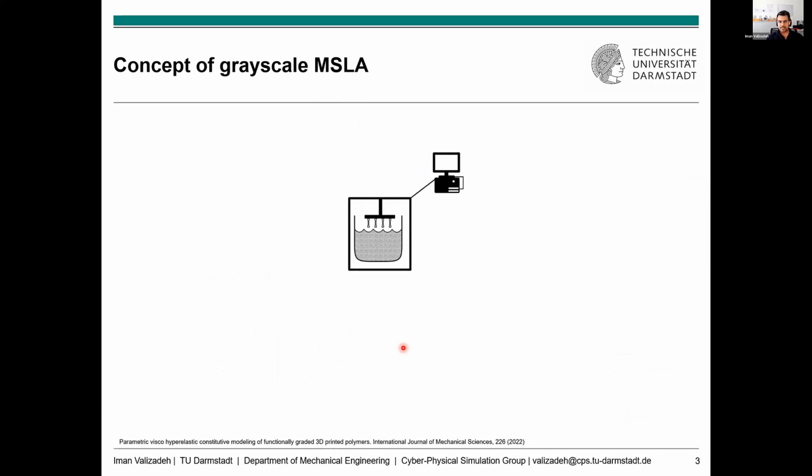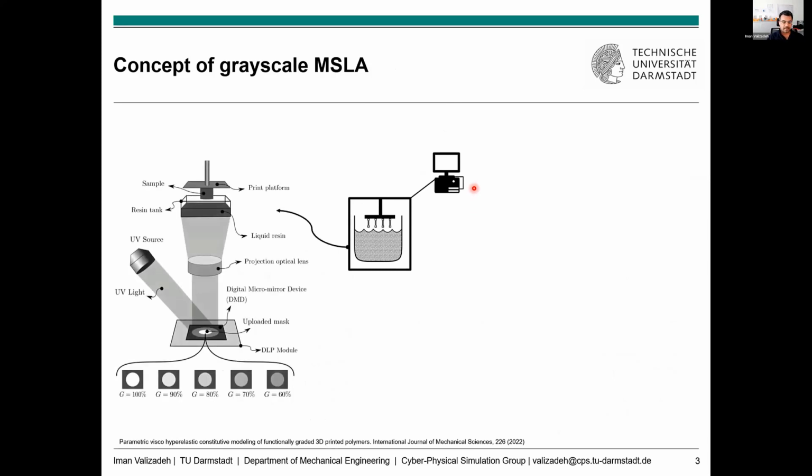Now let's have a look at the printer structure and the printing method. The 3D solid parts are designed in CAD software and sent to the printer through slicer software. This type of printer consists mainly of a UV light source, and the UV light is transmitted from this source onto the LCD chip, and the LCD chip reflects the filtered light onto the optic lens, and this optic lens regulates the transmitted area and focuses on the tank of liquid resin.